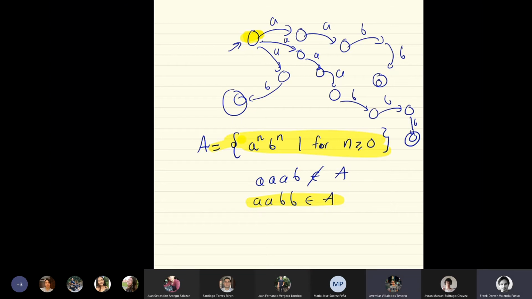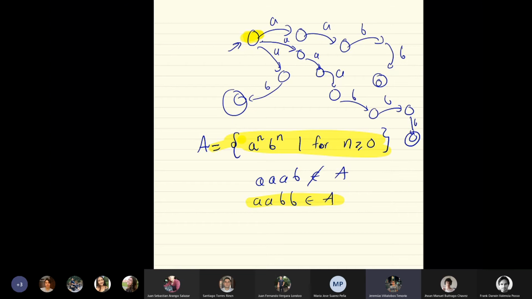Jeremias? Yeah, I have a question about what Joan said. If you have, for example, an automaton with two states, the initial state and the final state. Let's say in the initial state there's a cycle with A, and if you reach B, you move to the final state, with a cycle again.